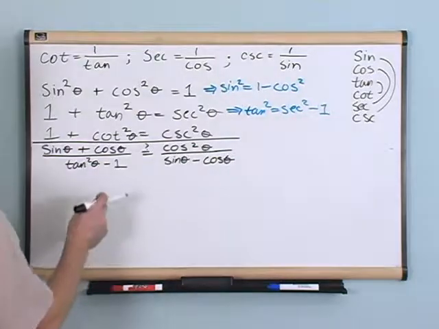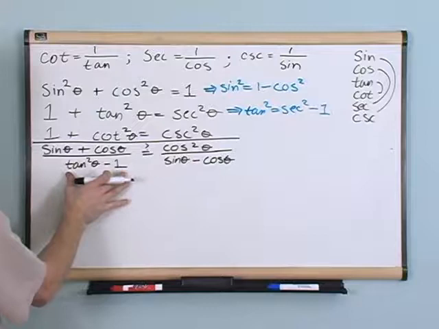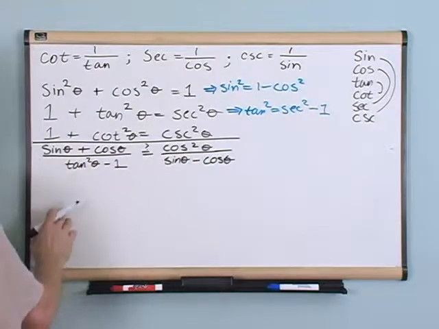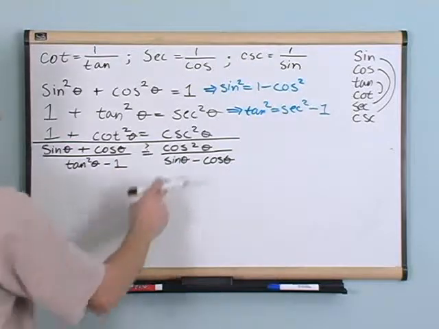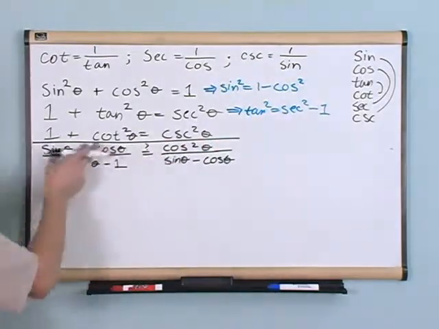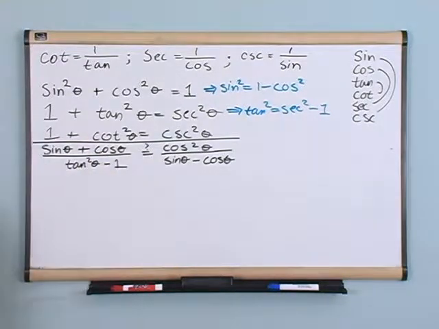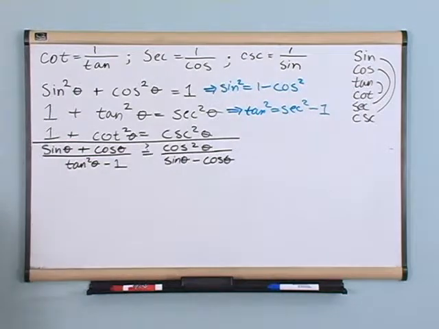What I mean by that is you multiply both sides by this term here on the bottom, so you'll have the right side multiplied by tangent squared minus 1, and then at the same time multiply both sides by this denominator, sine minus cosine, so you'll be multiplying the left by that. That's called cross multiplication. You can multiply like this when you have fractions.